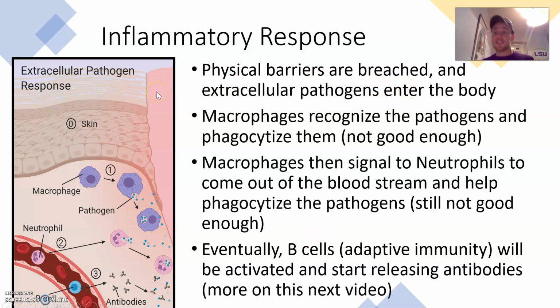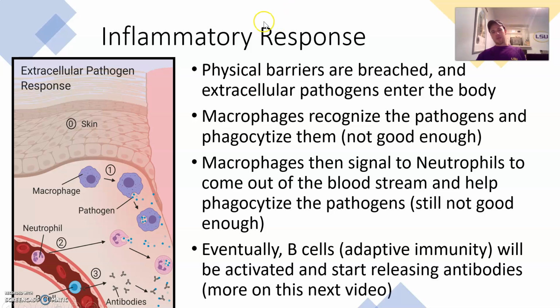This mosquito perforates your skin, and because your skin is perforated, that's what allows all this injury to occur, and these little pathogens, in this case, we're going to talk about the response to extracellular pathogens. So your skin gets perforated, you breach the physical barriers, and these extracellular pathogens then enter the body. And so it's already overcome one arm of the immune system, the physical barrier, innate spot.